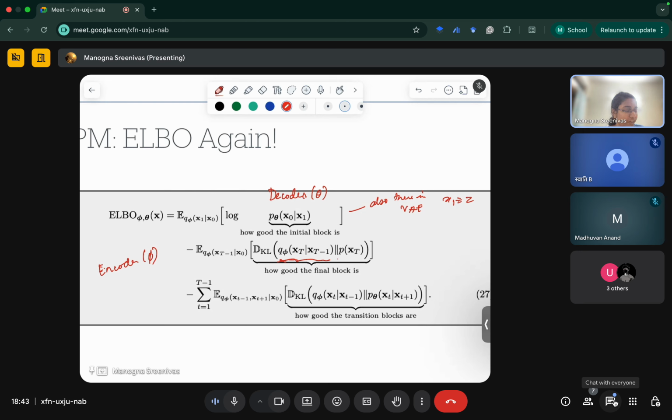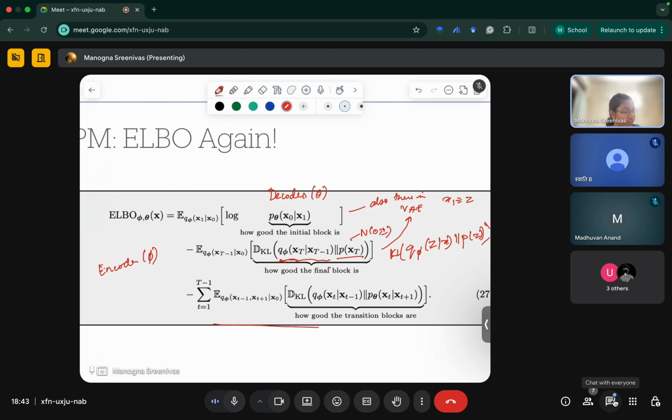This is the real prior, which is standard Gaussian. So this is the prior matching loss. I want this to become equal to this. This is also there in VAE, but in VAE it was q phi of z given x, KL divergence of this with p of z. So it's equivalent to what is there in VAE, but with different latents. Here it's the previous latent, there it's the first latent.